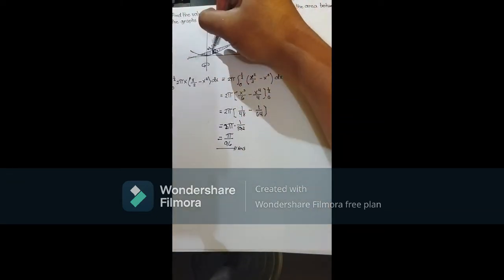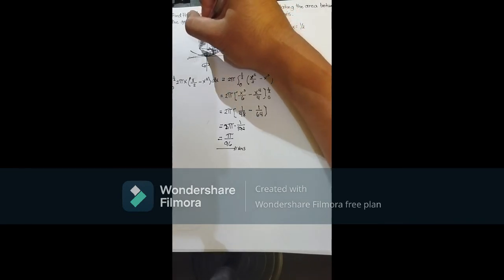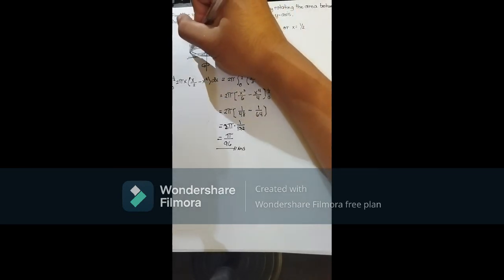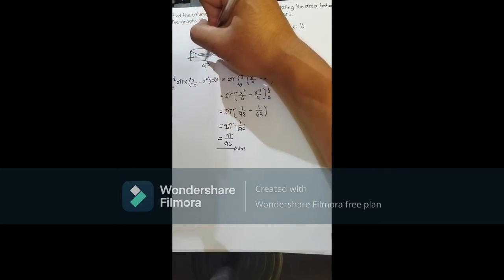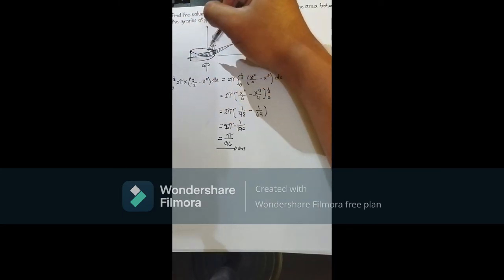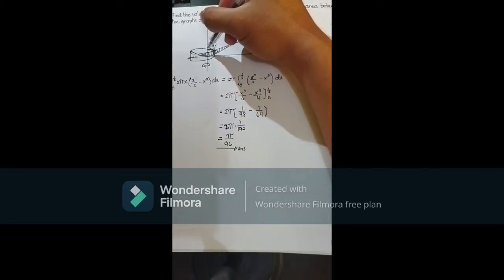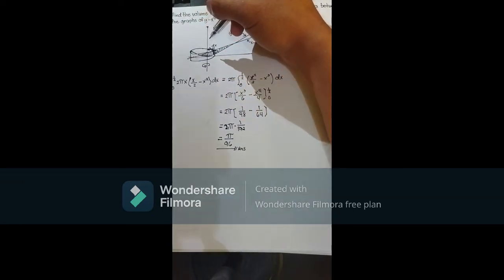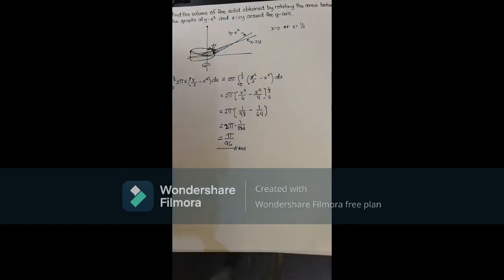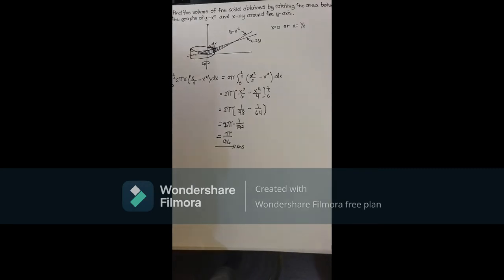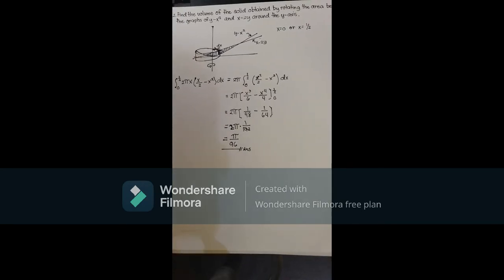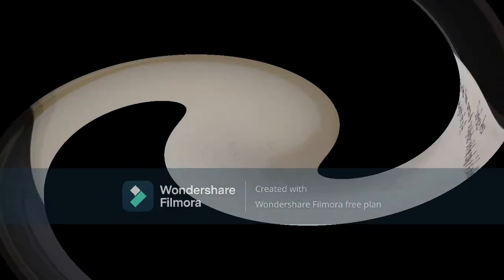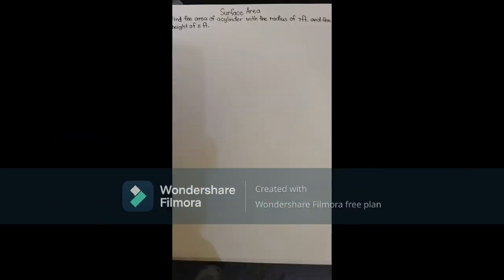And also we're going to rotate this vertical strip. So this is the symmetrical image of y equals x squared and x equals 2y rotated around the y-axis.